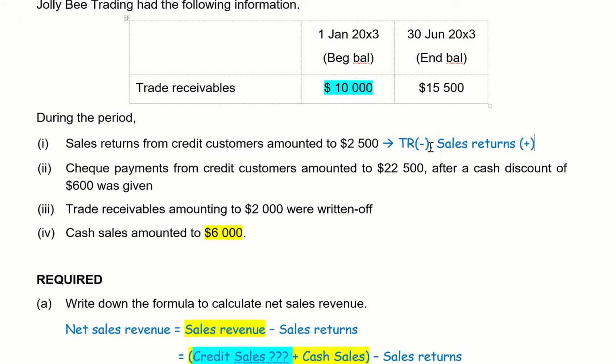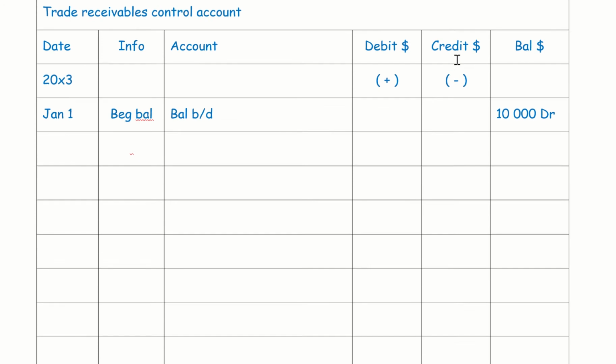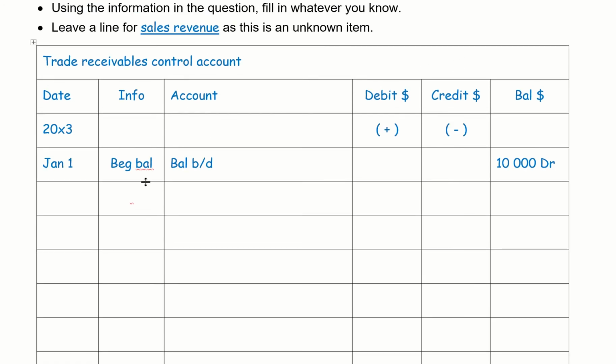Since we are preparing the trade receivables control account, we are going to record trade receivables minus how much? Trade receivables have to minus $2,500. So in my trade receivables control account on 30th of June, I will record minus $2,500.